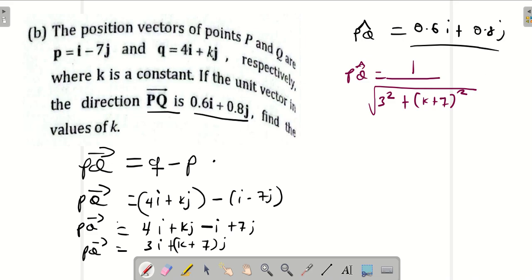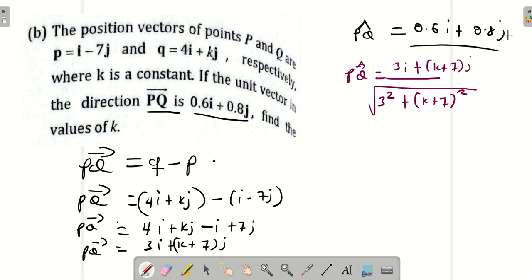Or let me just write it this way. What's the vector of PQ? 3i plus (K plus 7)j. Okay, so this is the unit vector.